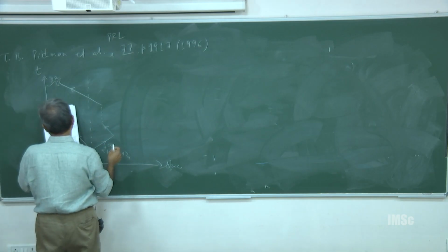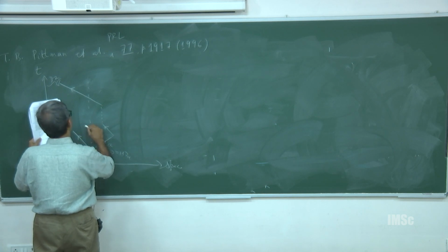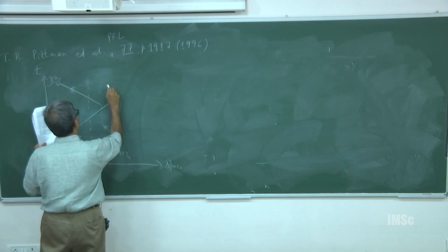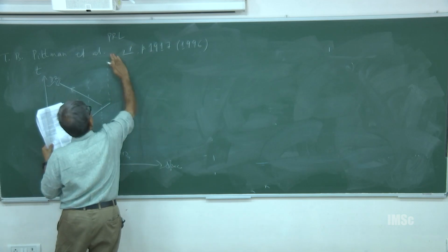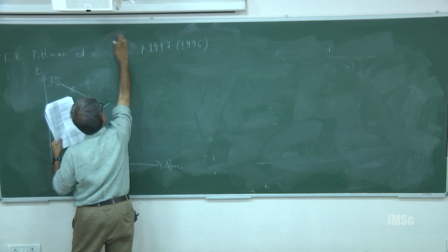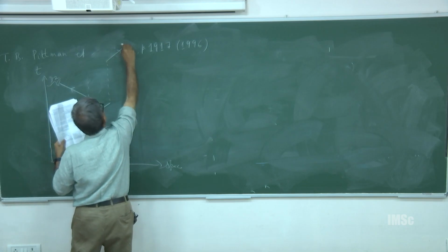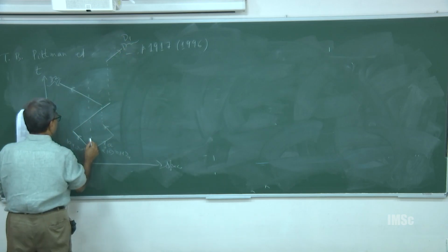And now here it is. Sorry, I'll have to erase this part, and then this goes to this direction. This is your D1. Okay, so this is my beam splitter.